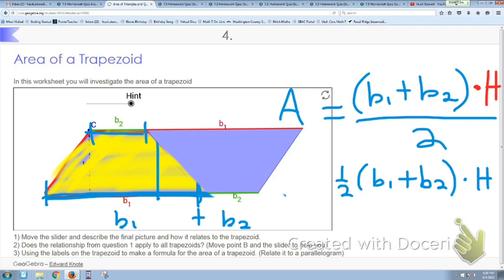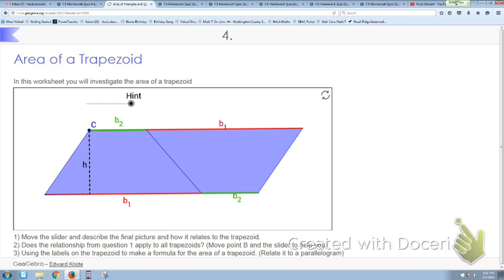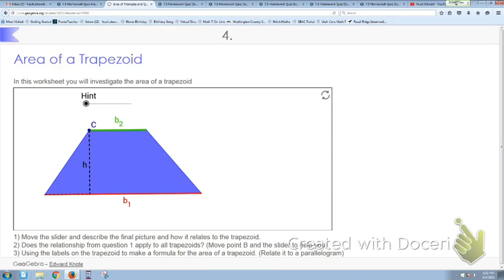In fact, my favorite way to do this would be, and maybe I'll just wipe this clean for a second. Here's your trapezoid. Let's just make one up, okay? Let's say the height was 5, and let's say the base was 5, and let's say the other base was 11.